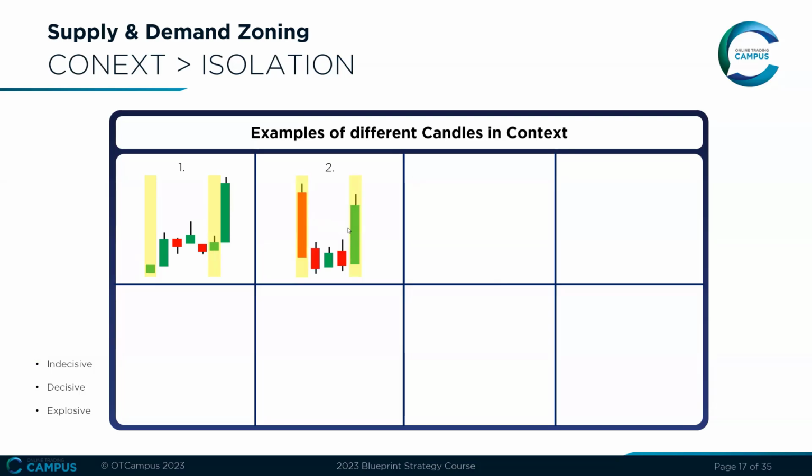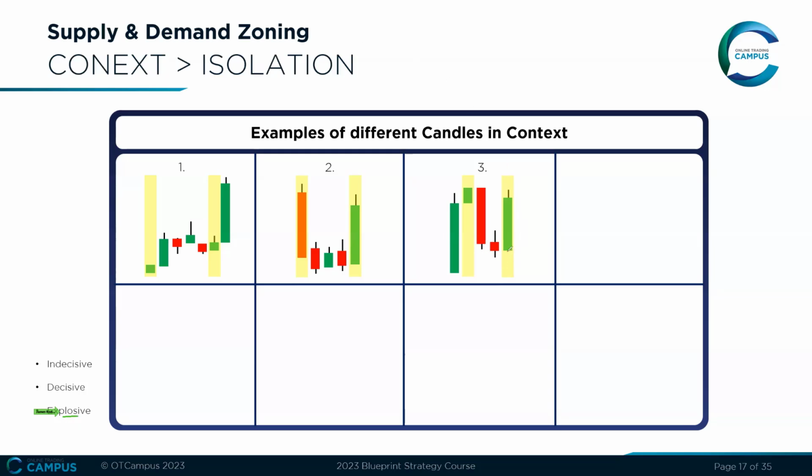What about this one? Would you say those are decisive or explosive in the context of things? Explosive, yes, I'd agree with that. What about these two? Explosive, decisive or indecisive? I would say in this case they're both.